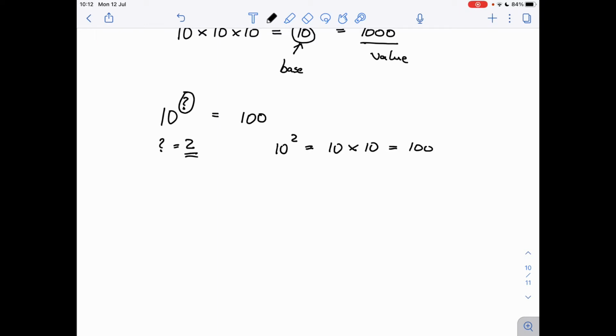When we discussed addition and subtraction and used that for rearranging an equation, what we said was we can use the inverse mathematical function. Let me write that down: inverse mathematical function.